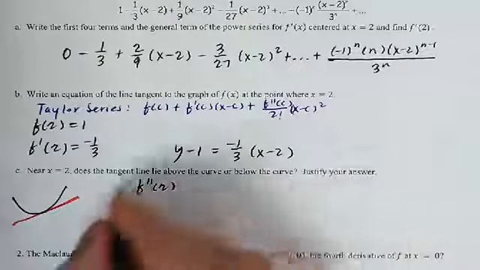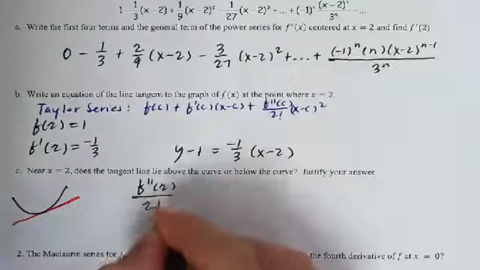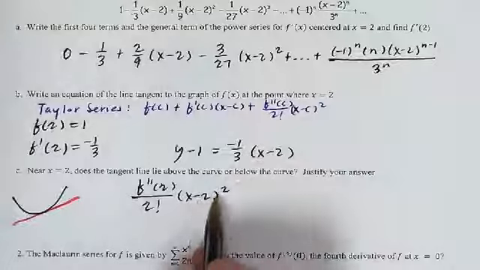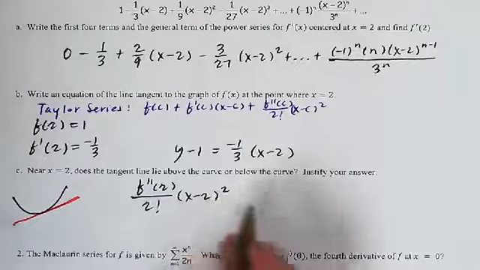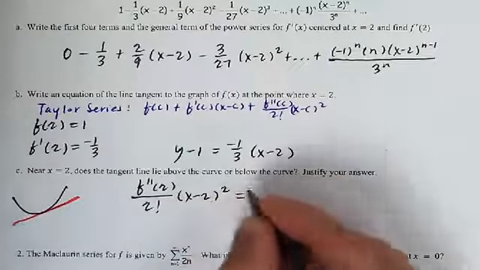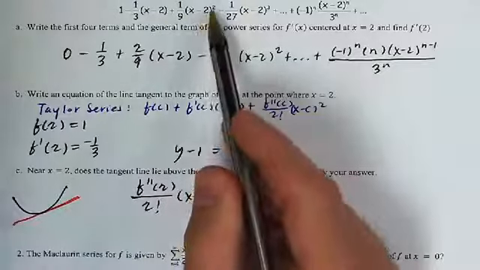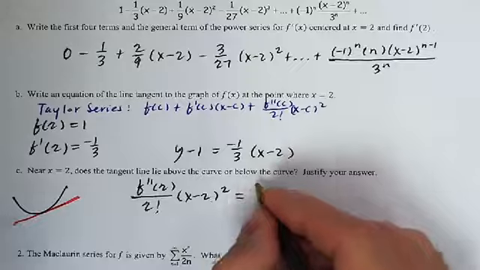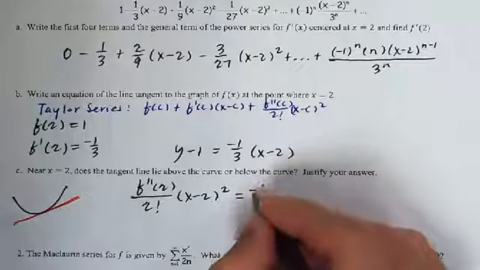Well, I know that f double prime of 2 divided by 2 factorial times x minus 2 squared is the x minus 2 squared term in the Taylor series. So I go over here and grab the x squared term in the Taylor series. That's positive 1/9 of x minus 2 squared.